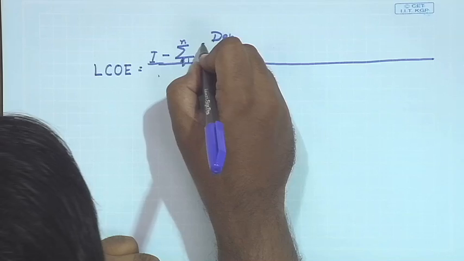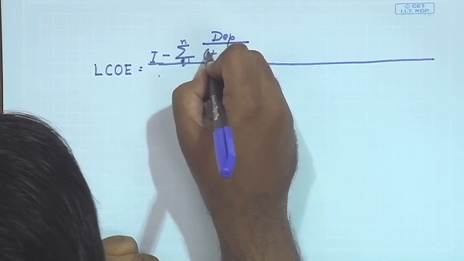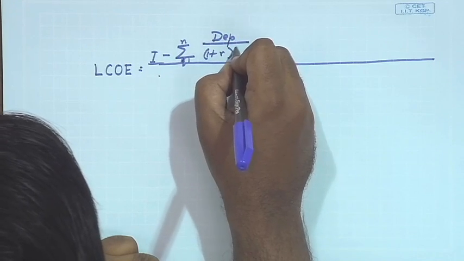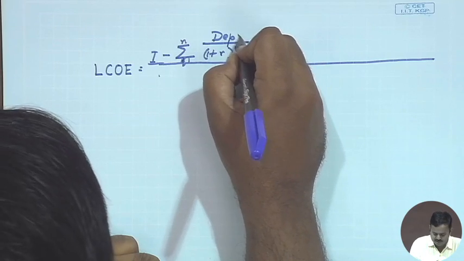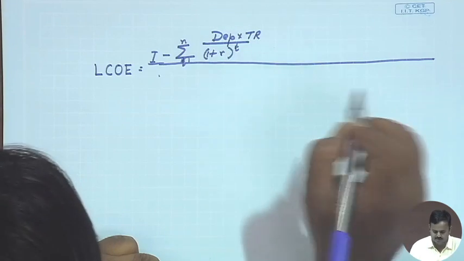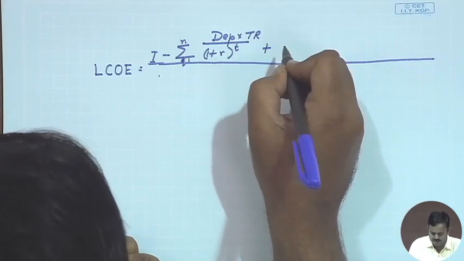depreciation divided by 1 plus R to the power t, times tax rate. I will come to what each of these mean.